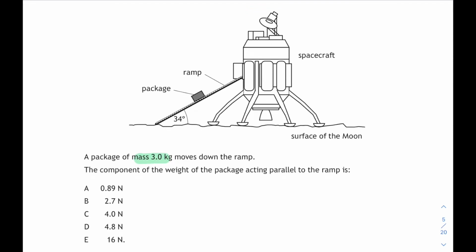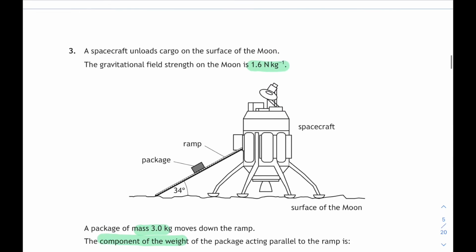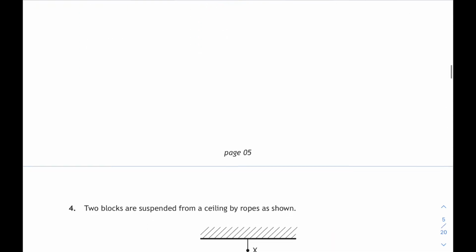The component of the weight of the package acting parallel to the ramp is, well, whenever you see that statement, then you would use this relationship, which isn't on your relationship sheet, but we recommend you just remember it, the force on the slope relationship, F equals mg sine theta, and let's sub in all the values. 3 is the mass, g is the gravitational field strength on the moon as 1.6, and the angle was 34 degrees, so sine 34. And if you do all that on your calculator, you will get 2.7 newtons, and that corresponds to answer B.